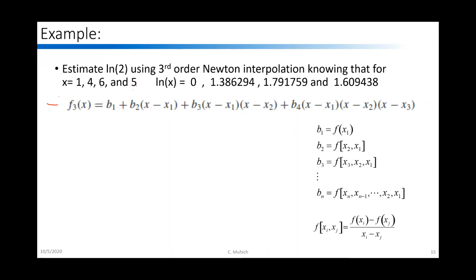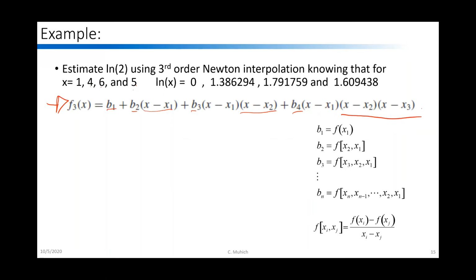So here I've written out the third order Newtonian interpolation formula. Here we have our b coefficients, and we have the x minus x1 term, and of course every b gets one additional x minus unknown data point term.